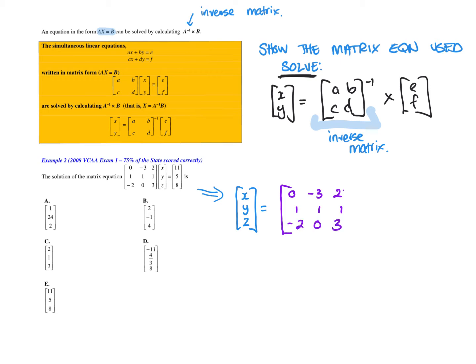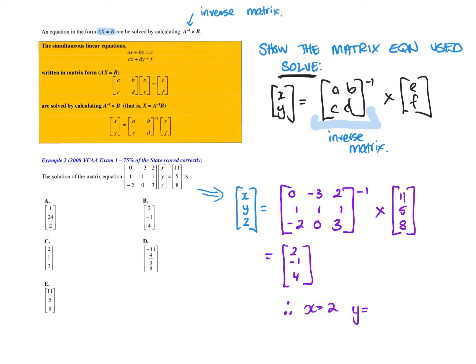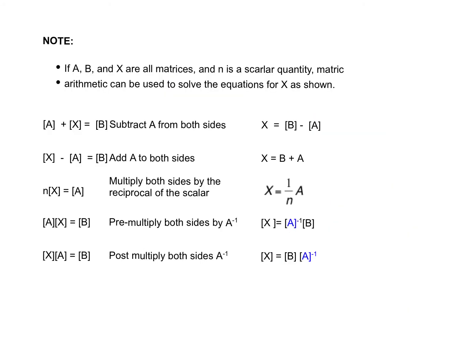And remember, that's going to be to the inverse, so to the power of -1, times the last, what the answers are. Okay, so let's go do that on the calc. So we did that and we ended up with 2, -1, and 4. So essentially, I know that x equals 2, y equals -1, and z equals 4. So which one is the answer? B.